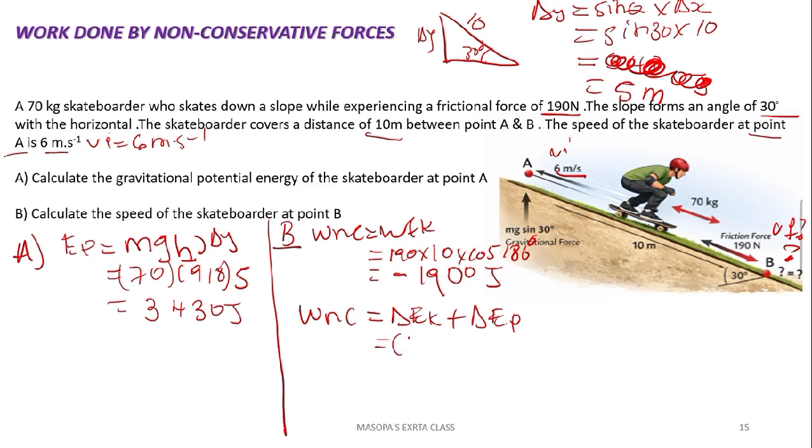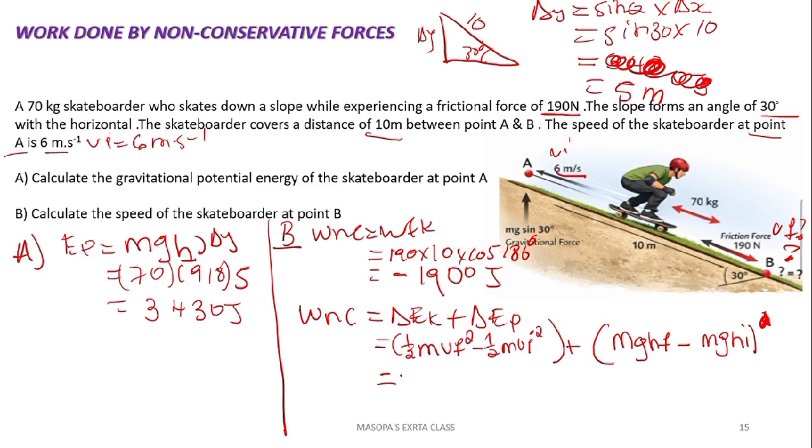Now let's break it down. This one will be 1/2 mass final velocity squared minus 1/2 mass initial velocity squared, plus mass gravity final height minus mg initial height. Let's see. We have the mass, right?